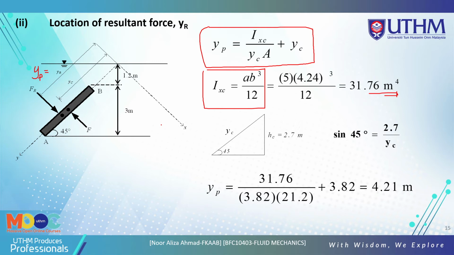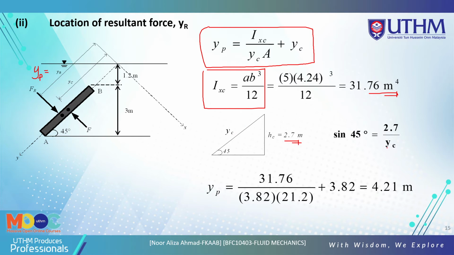Now you want to find the YC. We don't know the value of the YC, but we know the angle and the HC, which is 2.7.